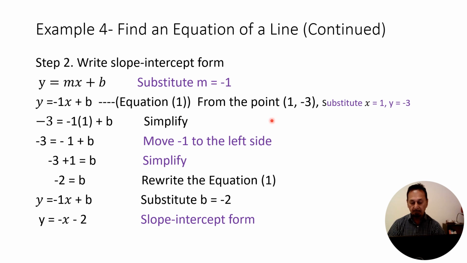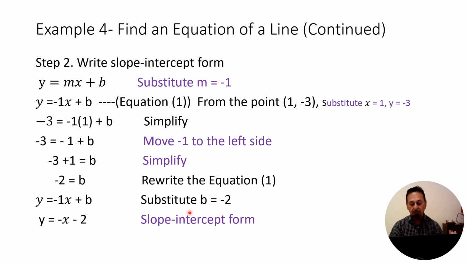Now from the point (1, -3), we substitute x equals 1 and y equals -3 in equation number 1. So this becomes -3 equals -1 times 1 plus b. Now we simplify: -1 times 1 is -1, and then move the -1 to the left side, so we get -3 plus 1 equals b. Simplify and b is equal to -2.